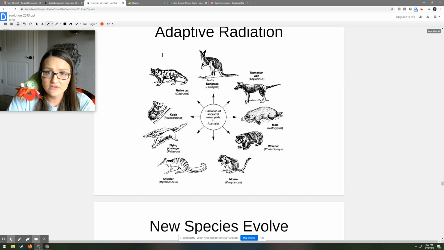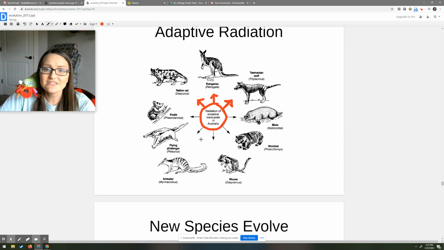Okay, so when we do this, we've got what's called divergent evolution. And what divergent evolution means is that you start with a common ancestor and then things diverge. And so this divergent evolution happens in a radial pattern, radius or radial, right? Kind of meaning around like a sun. And so these are the divergent evolution examples of marsupials in Australia.